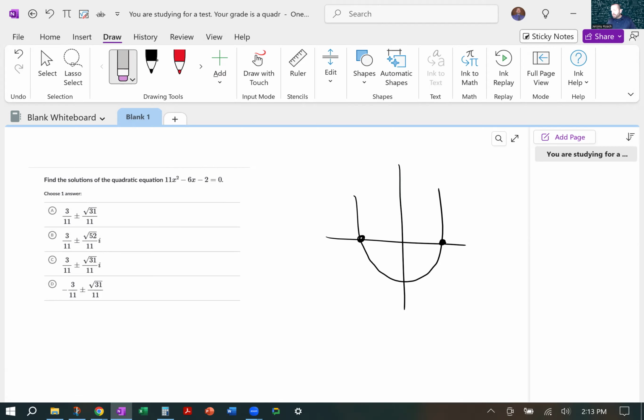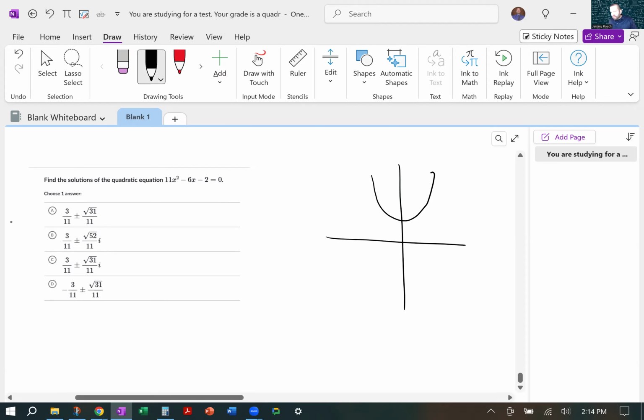Now, sometimes a graph doesn't cross anywhere. Sometimes it sits up here, and it doesn't cross anywhere. But if we do the quadratic formula, we still end up getting an answer, but it has a negative square root in the answer. And so then we get i's in our answer.